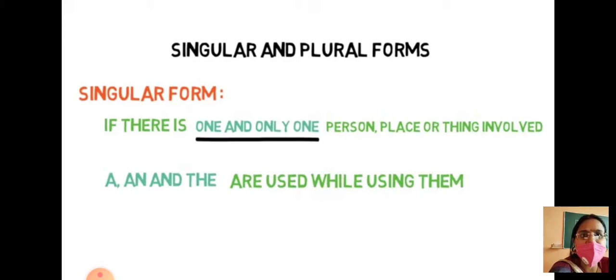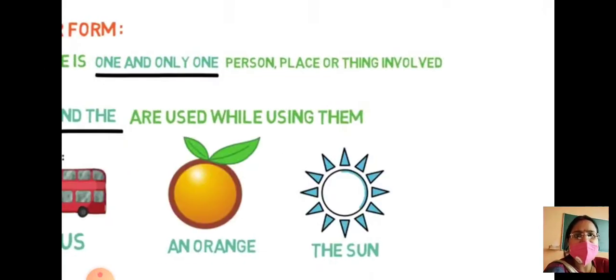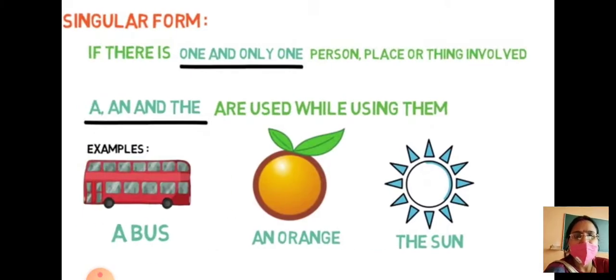Now move forward to singular and plural forms. If there is one and only one person, place or thing involved, if we are talking about one and only one, then you are supposed to use a, an and the. For example, you can see a bus, an orange, the sun.